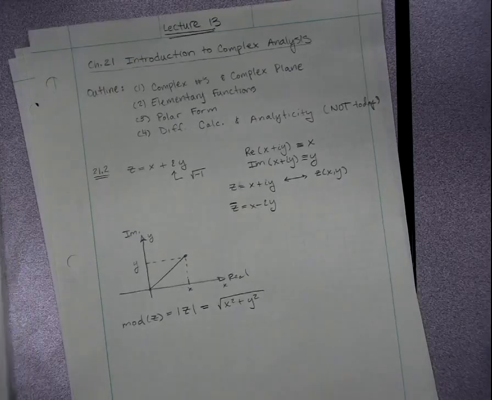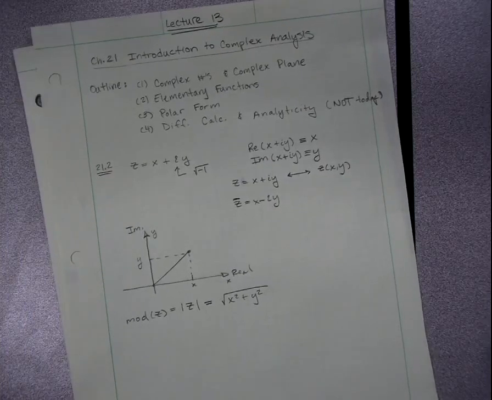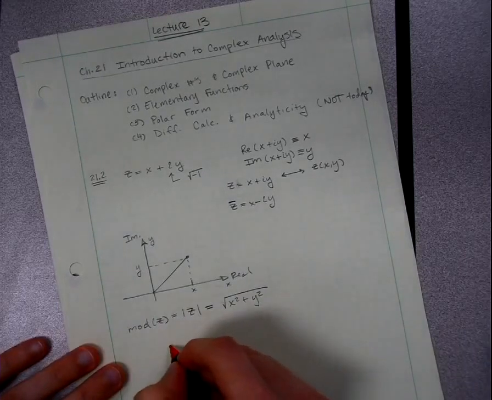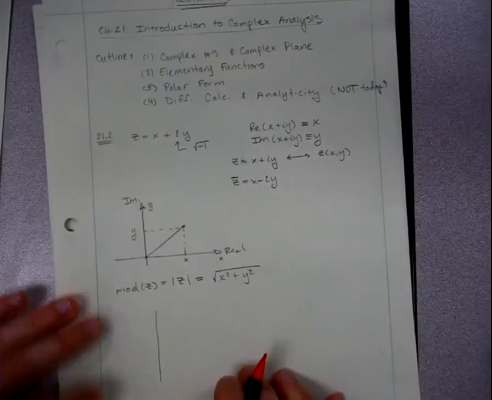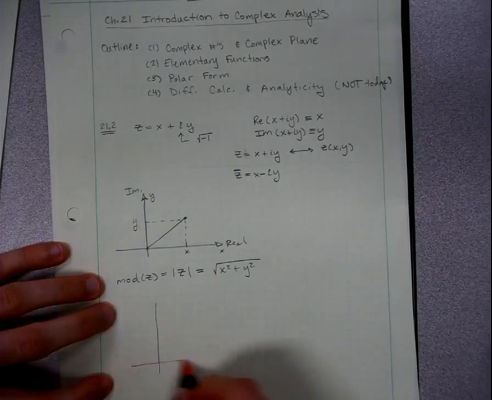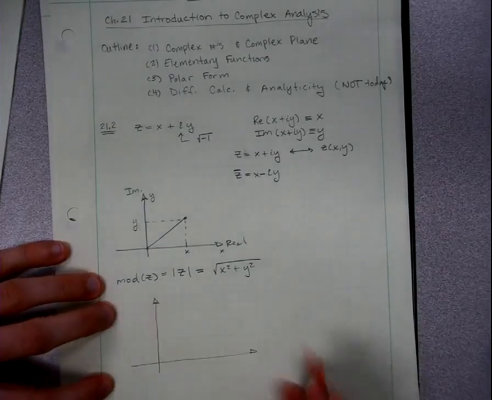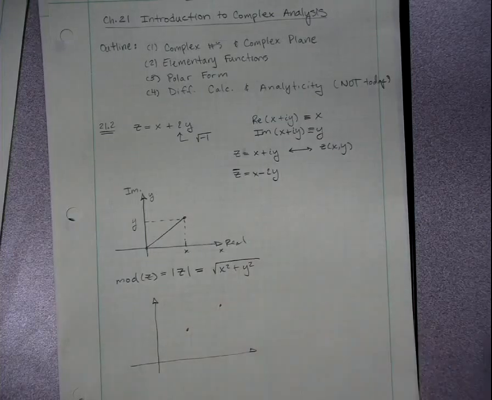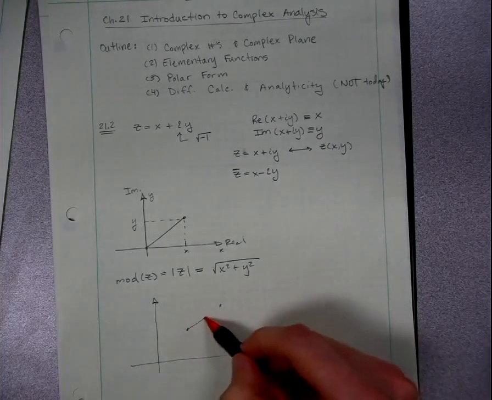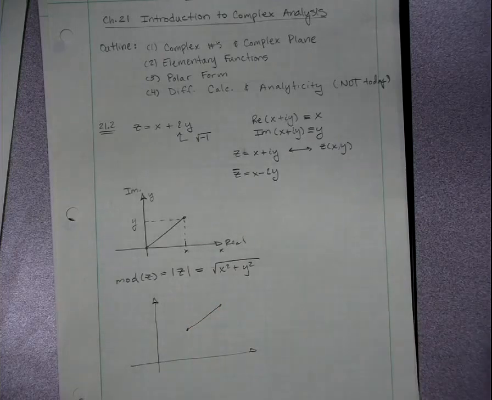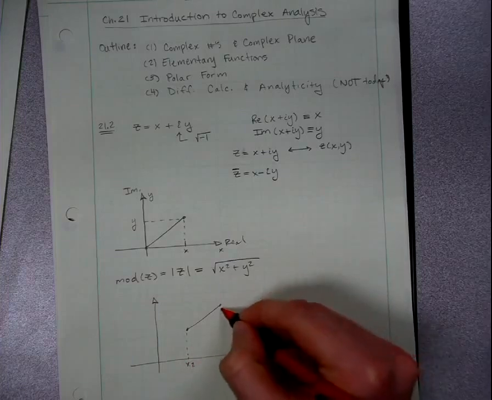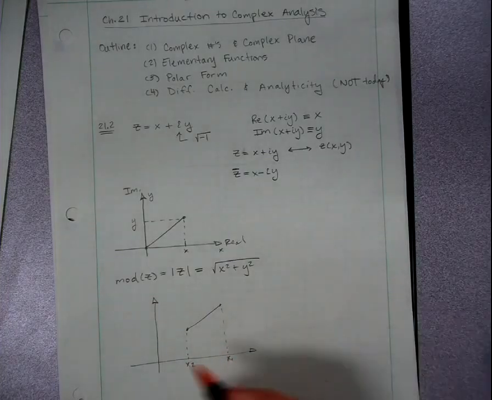One more thing is that if we want to find the distance between two different z values, so let me just plot this again. Sorry. So if we have, say for example, two different z values, and we want to find this length, she writes this as x2, this is x1.